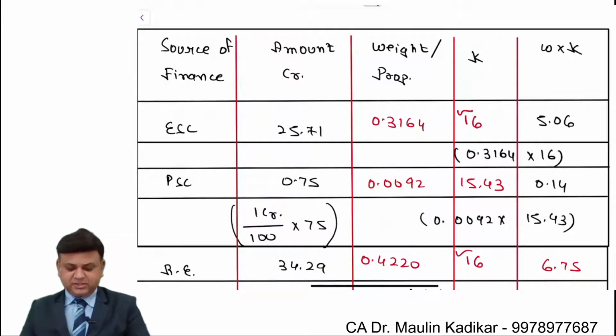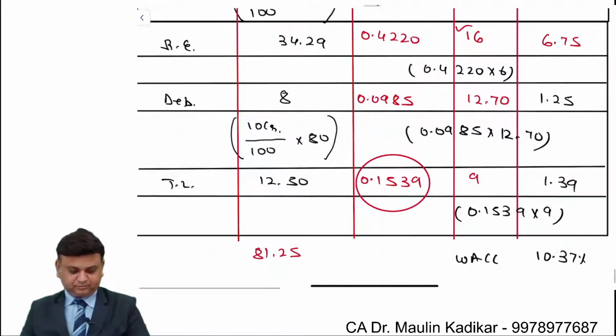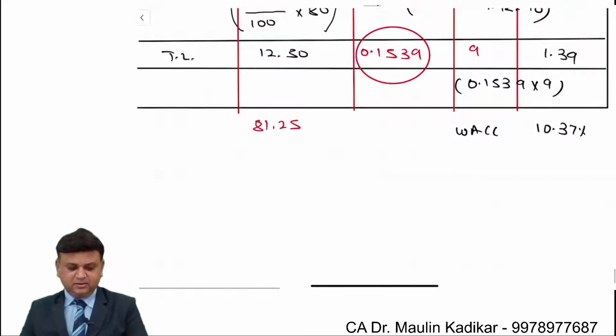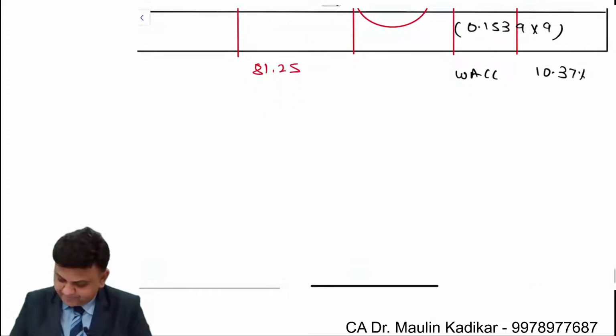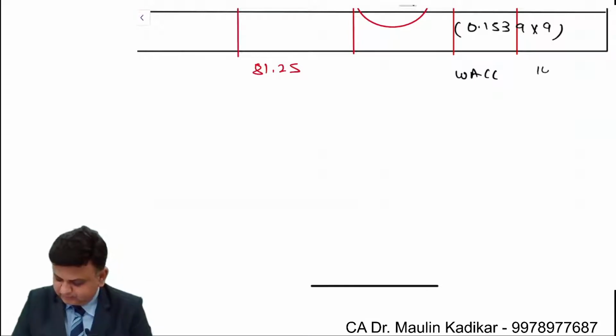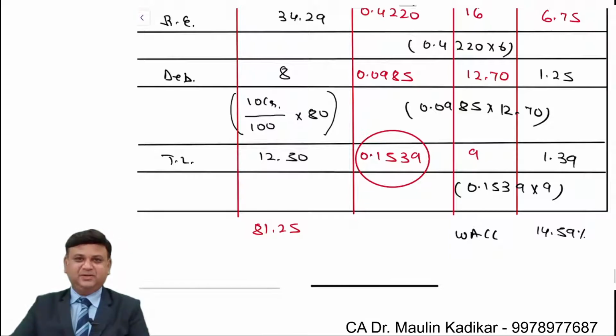So 5.06 plus 0.14 plus 6.75 plus 1.25 plus 1.39, that comes to 14.59. So this is 14.59. That is the weighted average cost of capital.